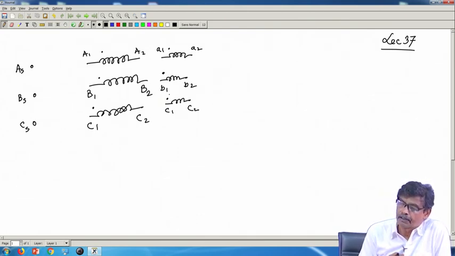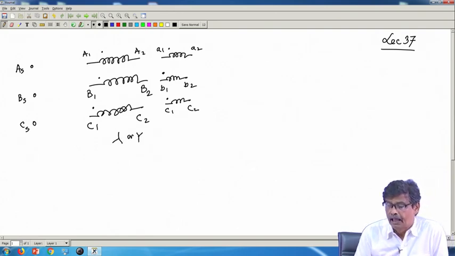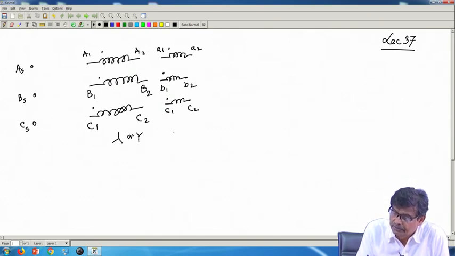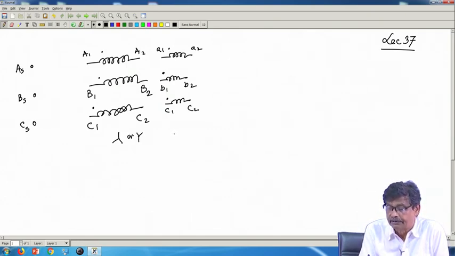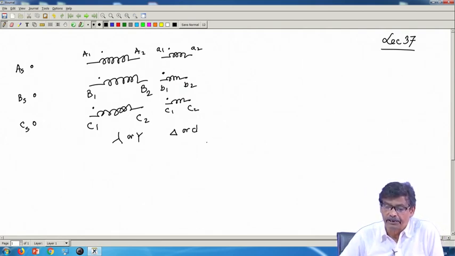So, suppose I say that I will connect the transformer primary in star, or Y, and the secondary I would like to connect in delta, or in lowercase, small d. And I will of course make valid connections.